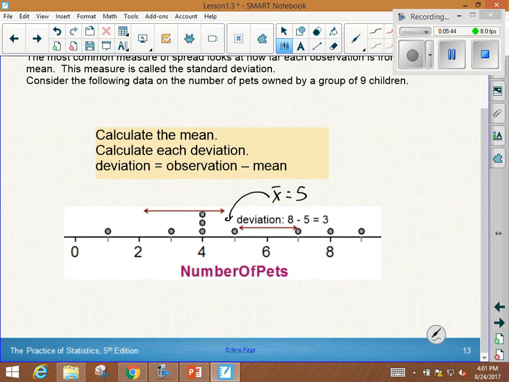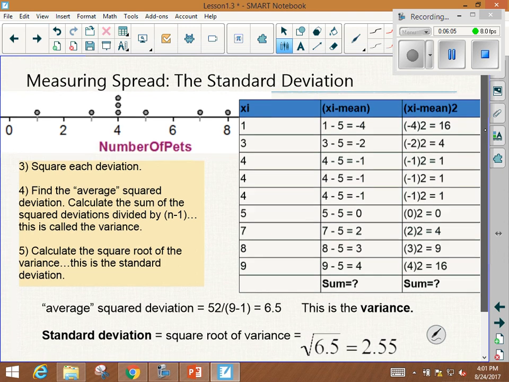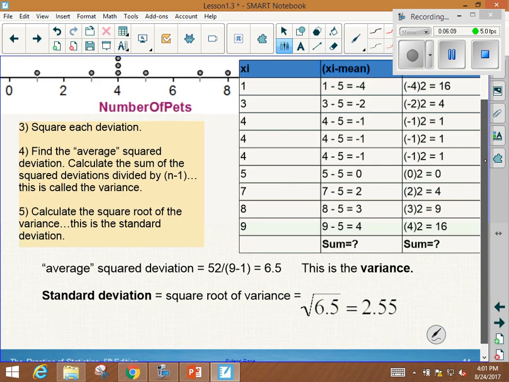Remember, our standard deviation is the average difference each data point is from the mean, roughly. We have a calculation of standard deviation occurring right here for our number of pets.